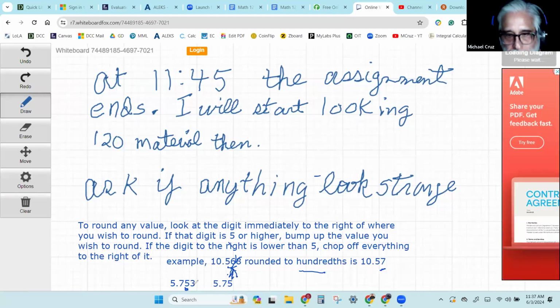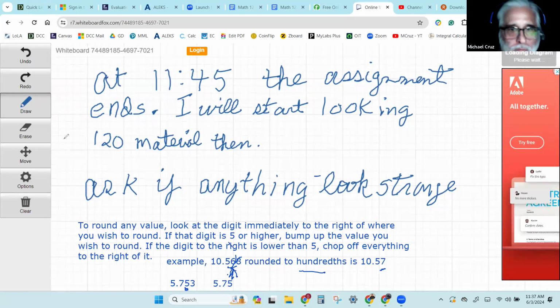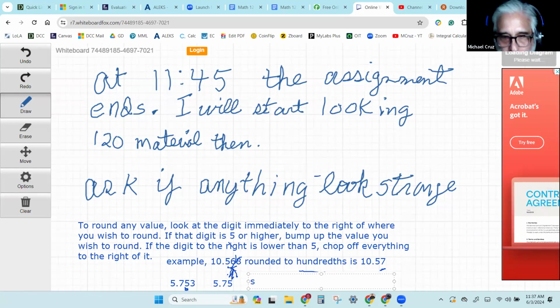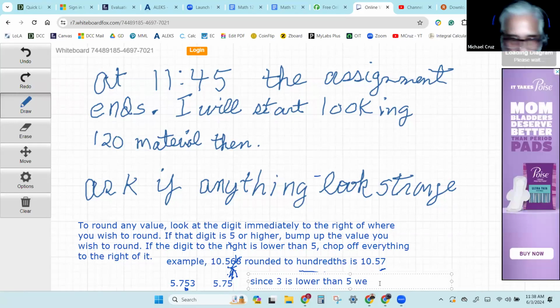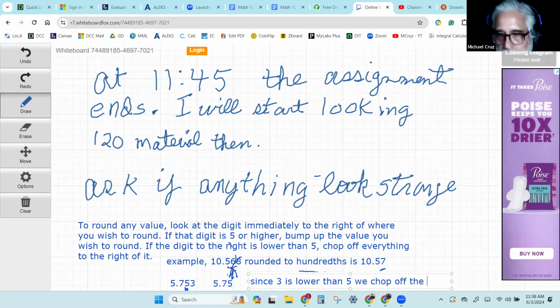Since the 5 is where we want to round to, we look at the number immediately to the right. It's below 5, so we just chop it off. So that's why the 3 or anything past that to the right would just go away, because of the way that we round when it's below 5.